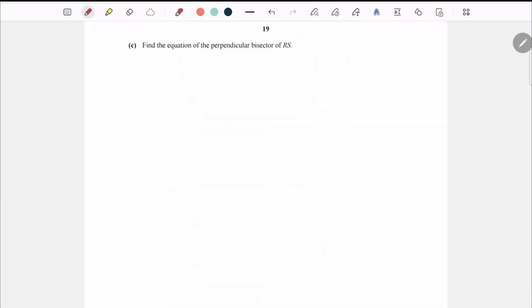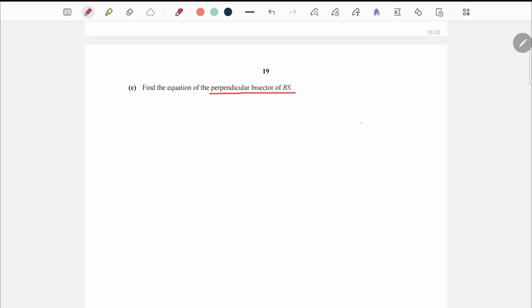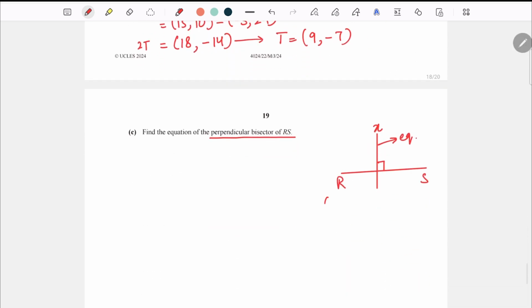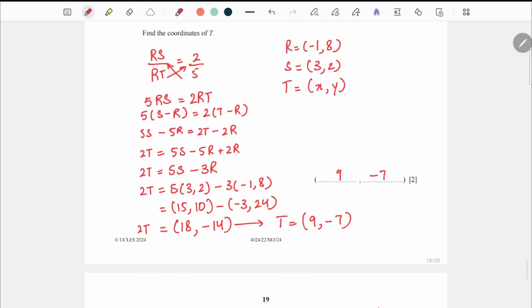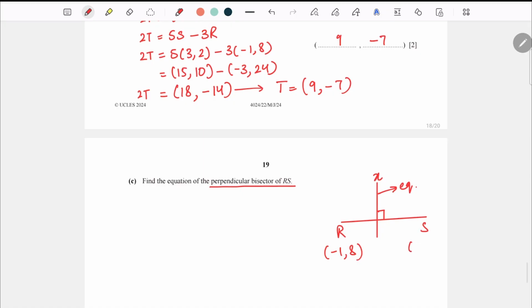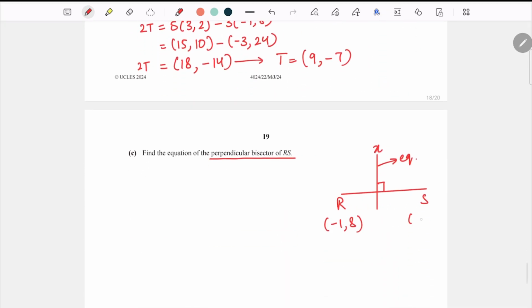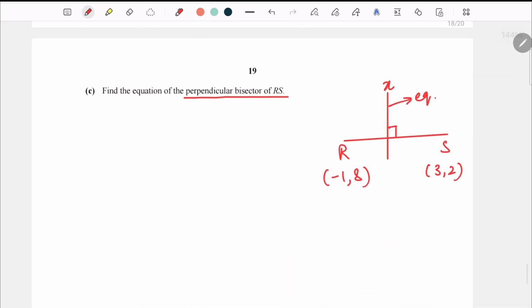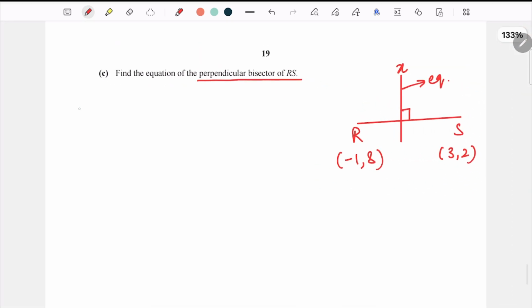Part C, find the equation of perpendicular bisector of RS. So if this line is RS, we have to find the equation of this line, which is the perpendicular bisector. The coordinates of R are (-1, 8), and for S, they're (3, 2). So first I'll find the gradient of RS.